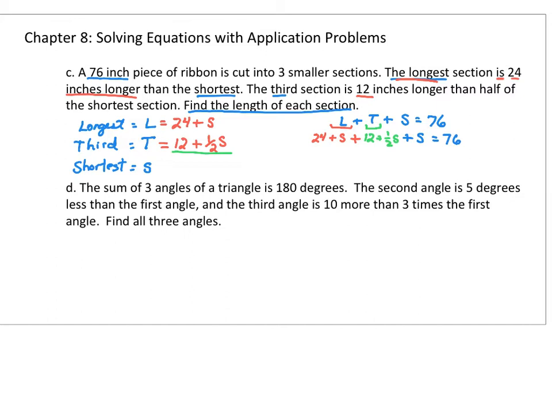Okay. We could save some time here if you want to. Well, we'll solve this one together, but after this, then I might skip ahead a little bit. So you have the 24 and 12, that's 36. Plus, now this S is 1S. This S over here is 1S.